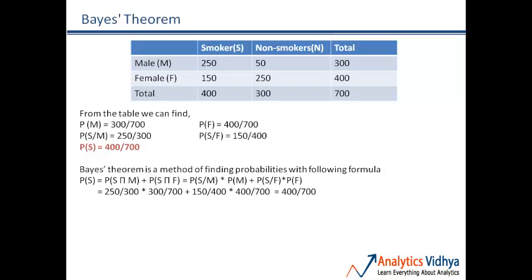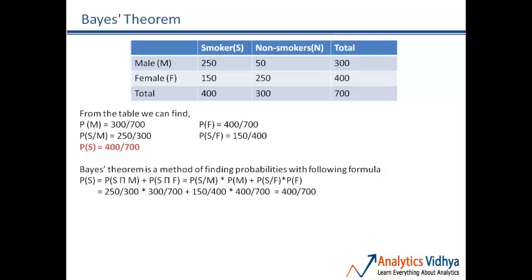Note that if I sum up all males and females, I will get the total population. So Bayes' theorem says that I can come to this number, the probability of choosing a smoker, by summing up P(S intersection M) plus P(S intersection F).